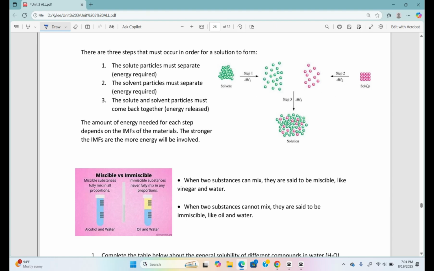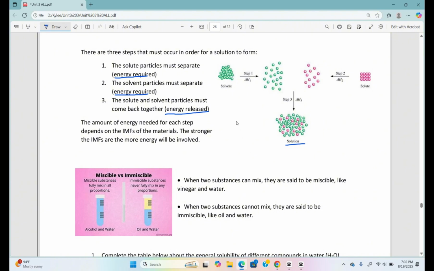The second is that the solute particles need to come apart. The third is that they all mix together to form our solution, and energy is released when that happens. Anytime you make particles spread out, that requires energy, and when they come back together, energy is released.